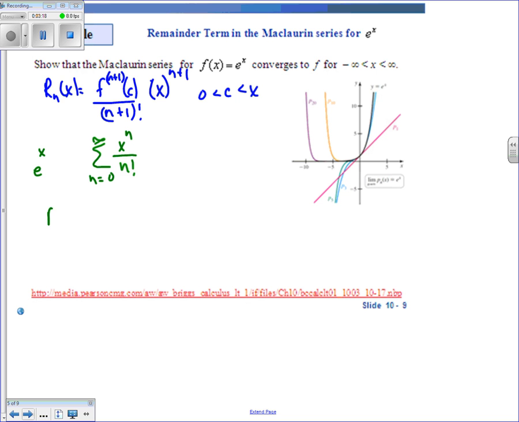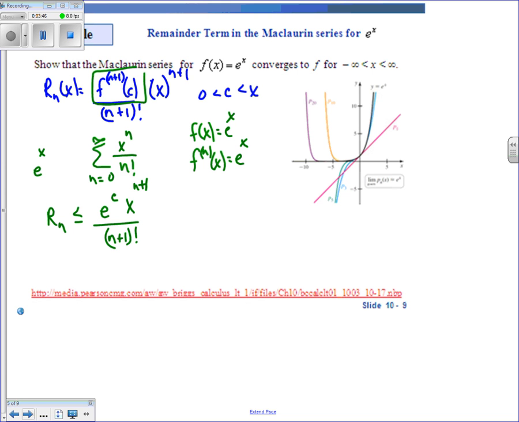We know the remainder R sub n will be less than or equal to the derivative of the function. Now the derivative of any order, remember, for f of x equal e to the x, will just be e to the x. So the derivative evaluated at c will be just e to the c power. And then we're going to have x to the n plus 1 over n plus 1 factorial.